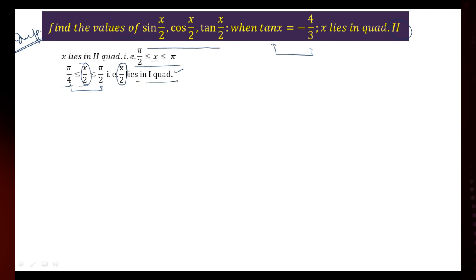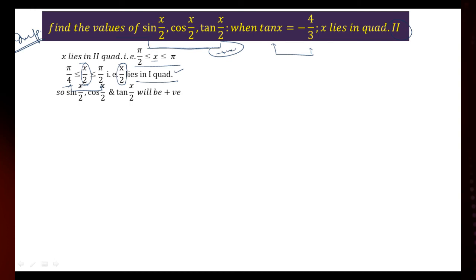So my sin x by 2, cos x by 2 and tan x by 2 all will be positive only. Okay, that much we derived, that the signs of all these three ratios will be positive. Let's proceed.